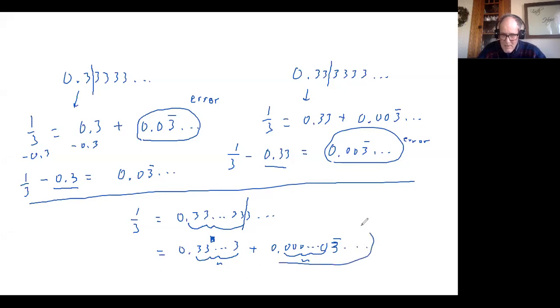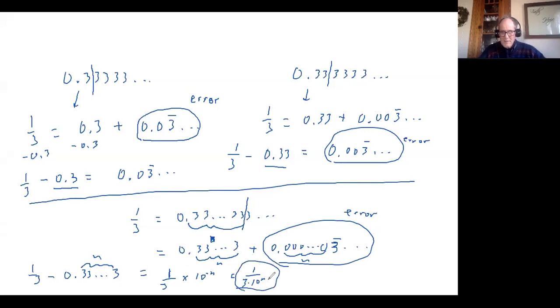So once again, there's your error. So 1/3 minus the estimator, and there's n of these, the error is 1/3 times 10 to the negative n, or 1 over 3 times 10 to the n.